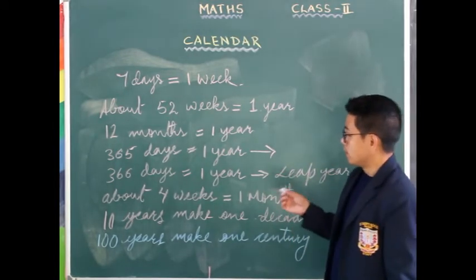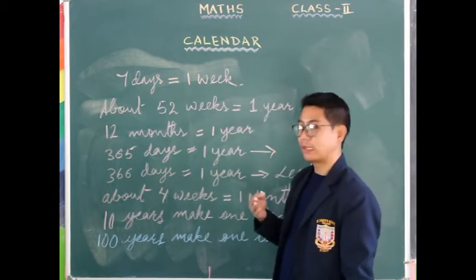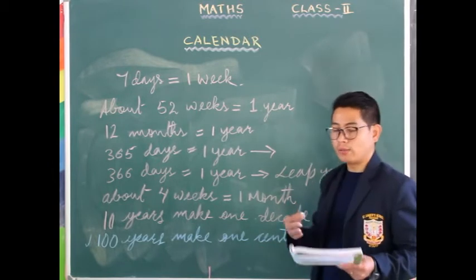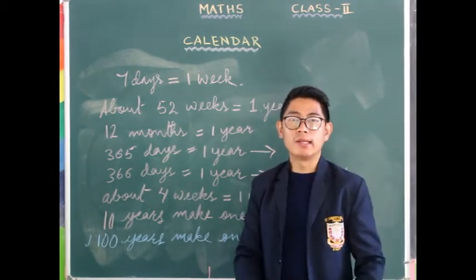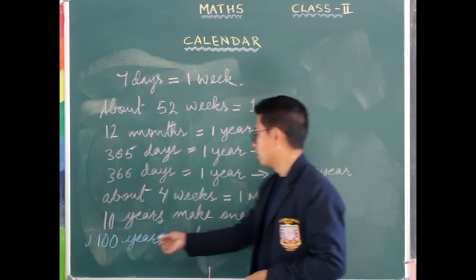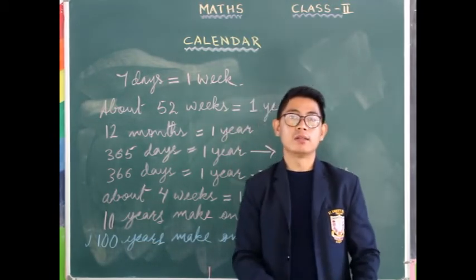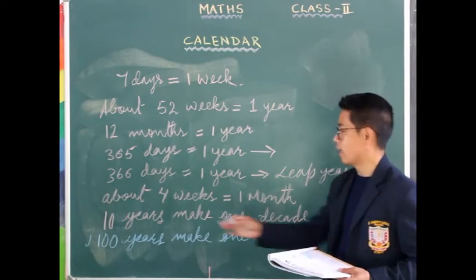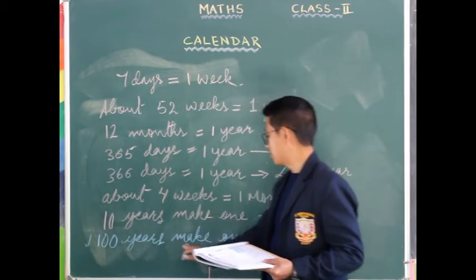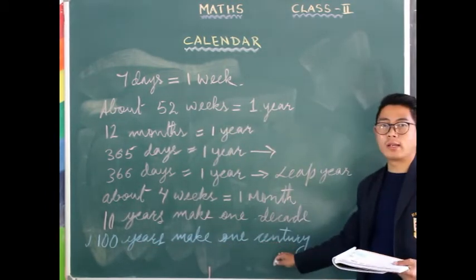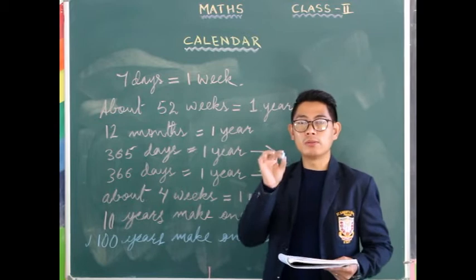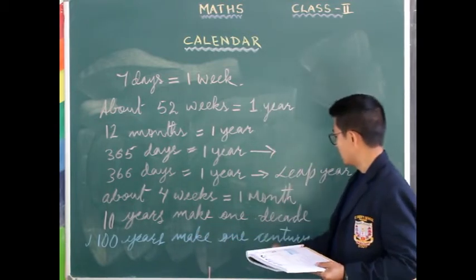For example, I hope you all like to watch cricket. If Sachin makes 100, we say, wow, Sachin made his 100 runs. We can also say Sachin made his century. 100 means century. So 100 years make 1 century. Not days, not months, but 100 years make 1 century.